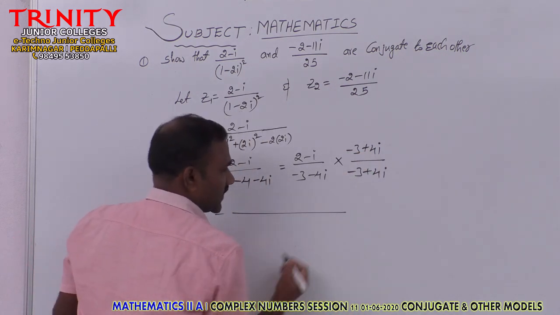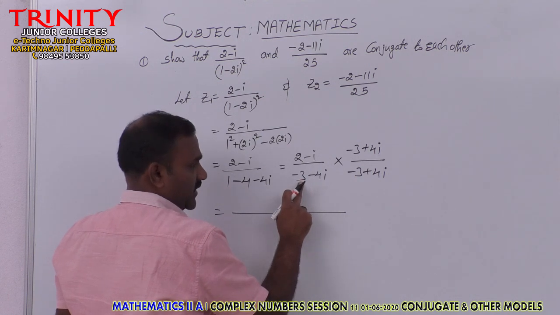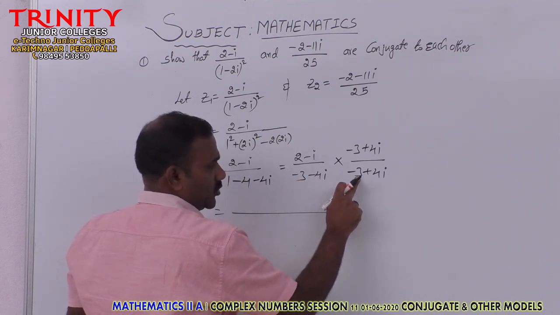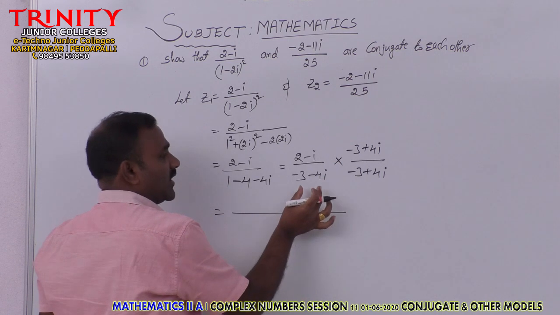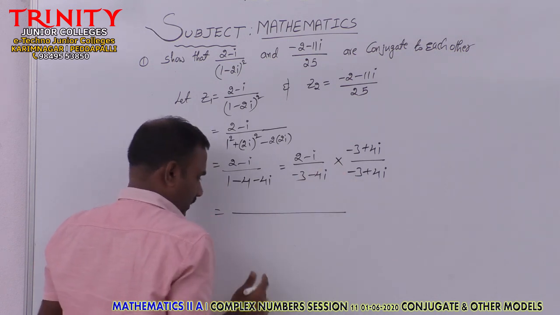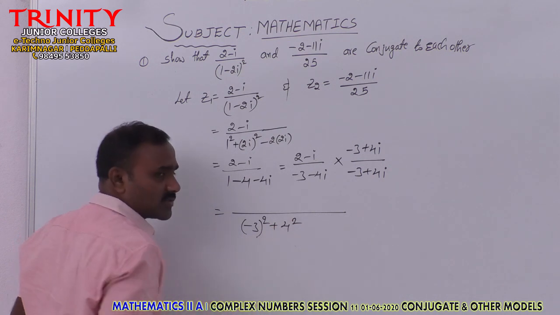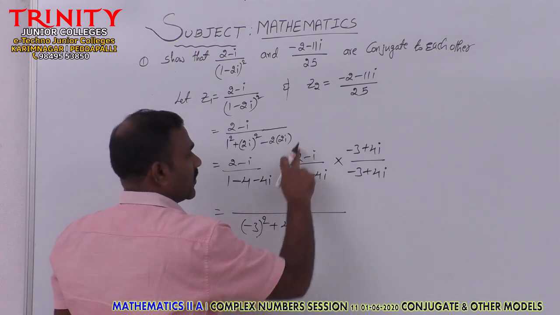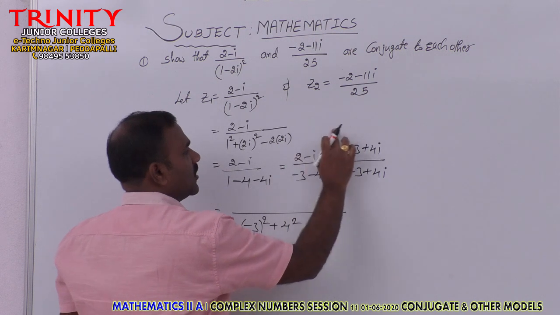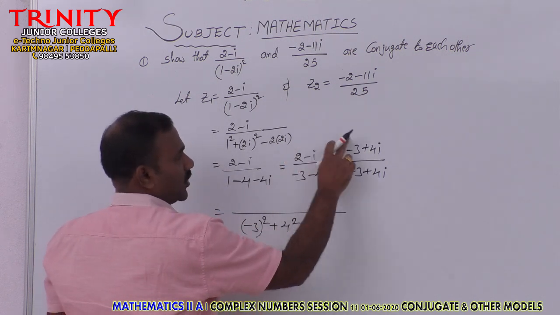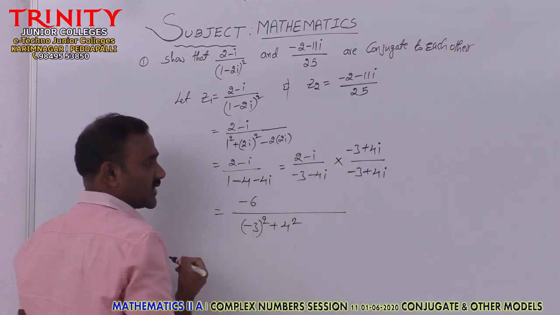Now the denominator is (minus 3 minus 4i) into (minus 3 plus 4i). That is (a minus b) into (a plus b), which is a square plus b square. Now coming to the numerator multiplication: 2 into minus 3 is minus 6.